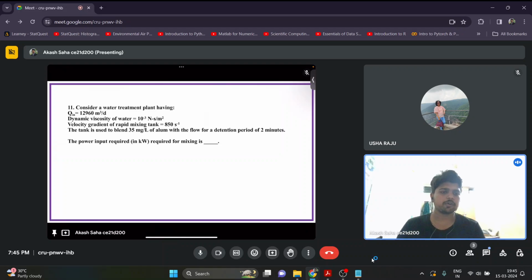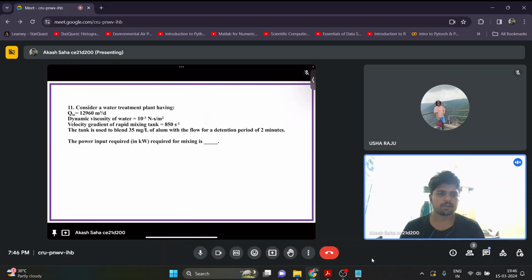So power input can be found out in two ways. Either we can find it out with respect to the velocity gradient and the volume of my reactor, or you can find out the actual power in the shaft due to our paddle configuration. So here it is the power input with respect to my volume and the velocity gradient.